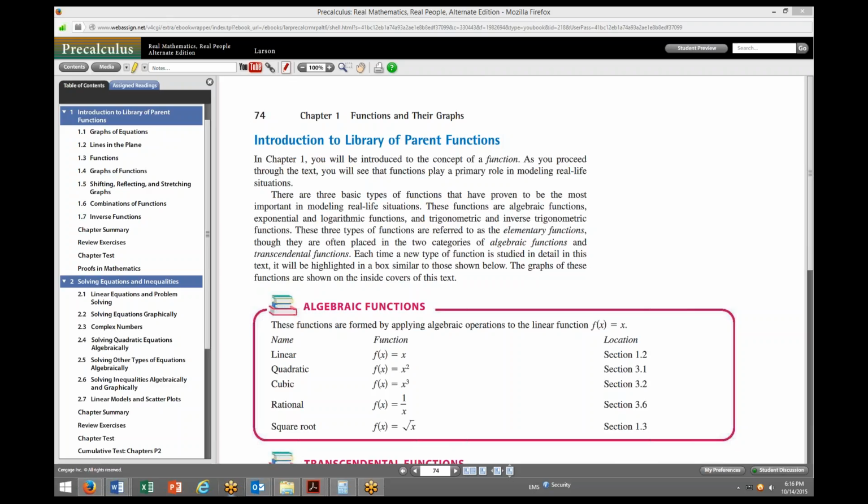And be prepared also to sketch your solution set for an inequality on a real number line. You can draw your own real number line and sketch your solution. I'm fine if you want to use, as most of us have been taught to, the hollow circles and the filled in circles.